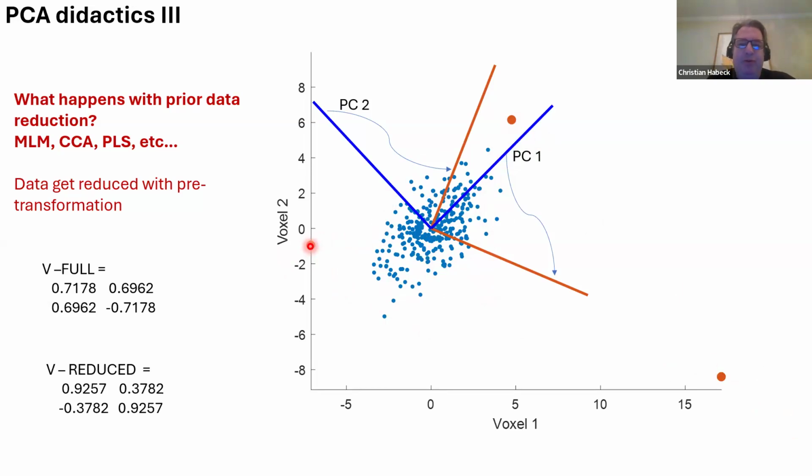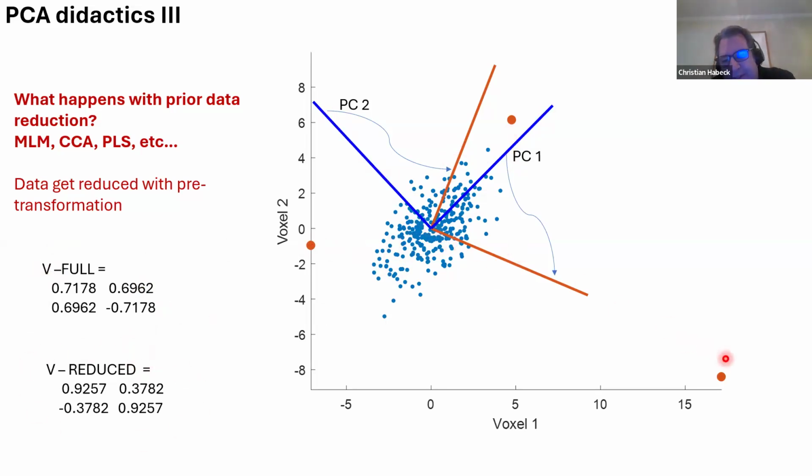That's the first thing maybe to keep in mind. You have radically reduced the dimensionality by this projection. And what could happen is that this basis could really change a lot. As you can see here, my original basis was the blue principal components. They get transformed to the orange ones.